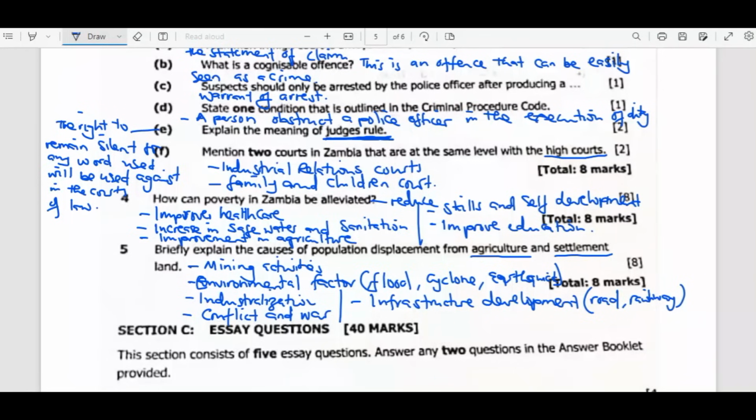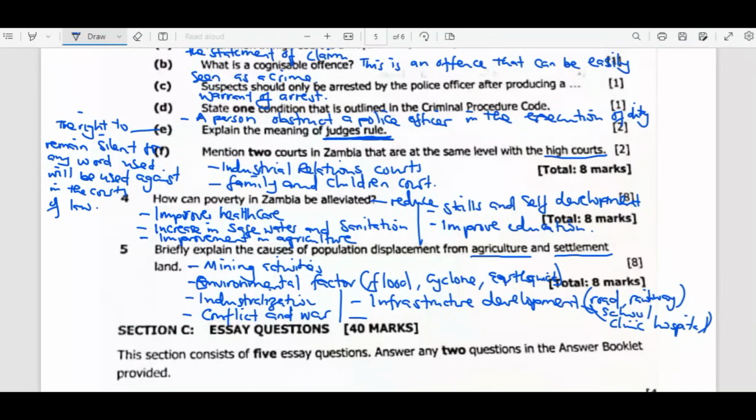Other examples that we can give are schools and clinics or hospitals. People would move, and after moving, they build schools or other infrastructure.